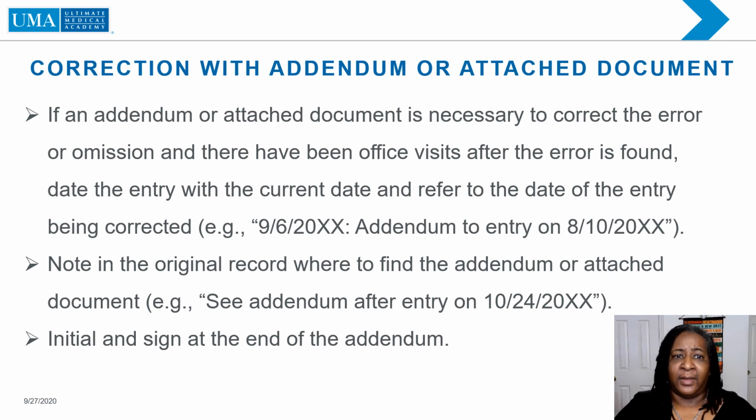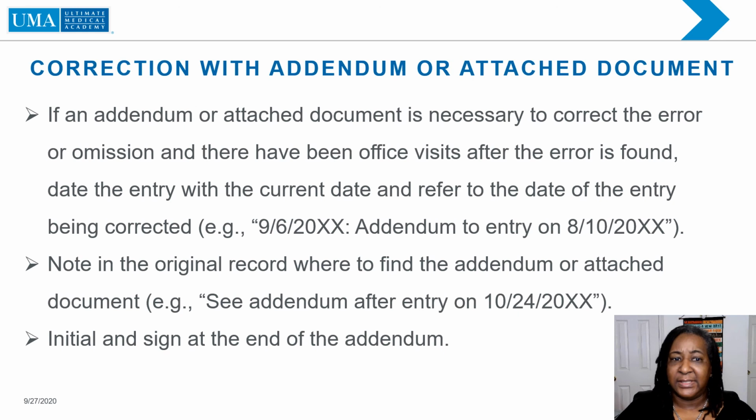Also, you may need to correct with an addendum or an attachment. Let's say the information needed to be corrected after the visit, maybe the next day or a different date, or something where it can't be easily documented on the side.